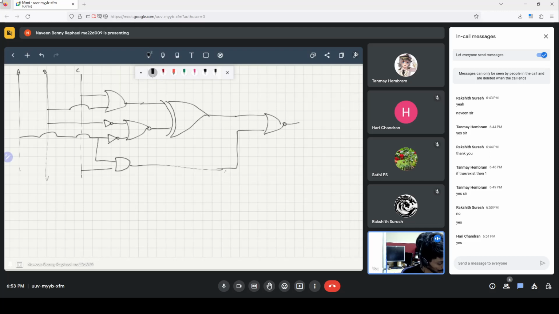So essentially, you just look at each small branch. We have C here, B here. So this is C or B. We have B here, so this is B not. We have A here, this is A not. So this is A not NOR B not.